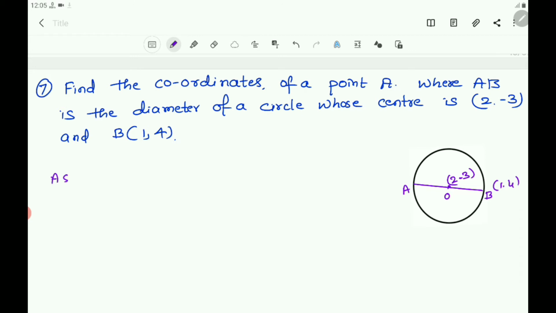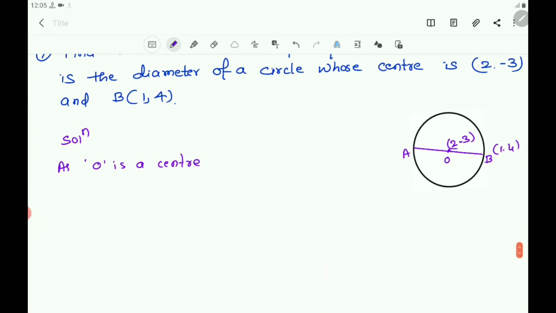As O is a center, O is the midpoint of AB.